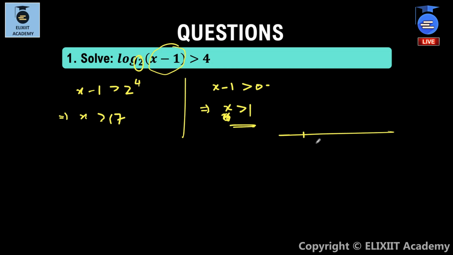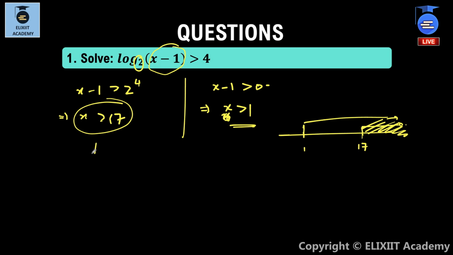If you take the intersection, meaning the common region, what is the common region? More than 17 only. So this is the solution in any case. x is more than 17. This is the solution of this inequality.